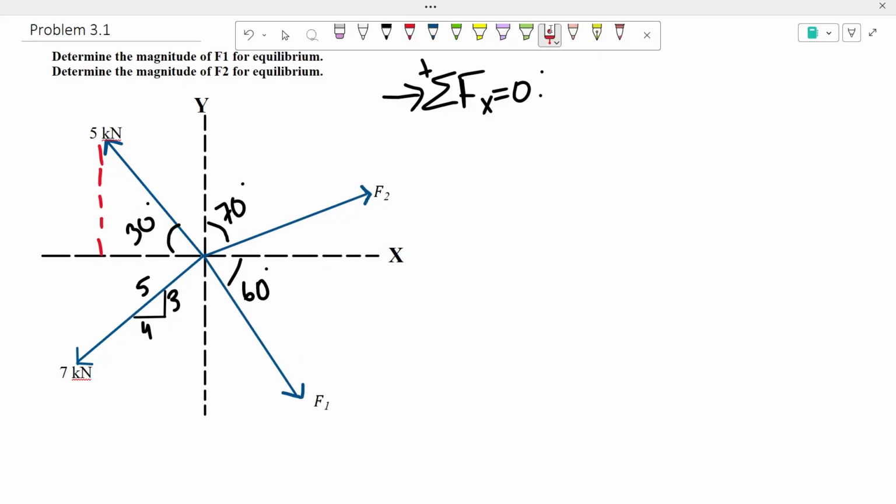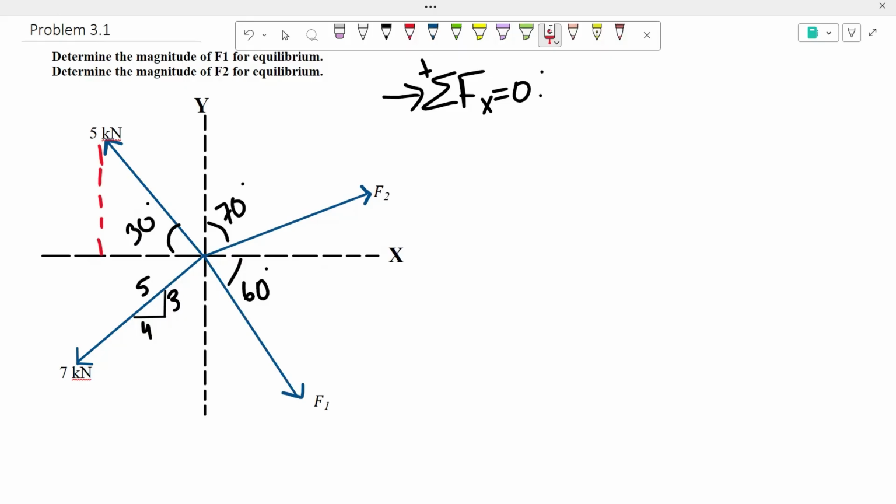With correspondence to this angle, the x component is adjacent to that angle. So we are trying to find the adjacent side, and we are given the hypotenuse. If you remember, cosine is adjacent over hypotenuse, which is why we are going to use cosine.